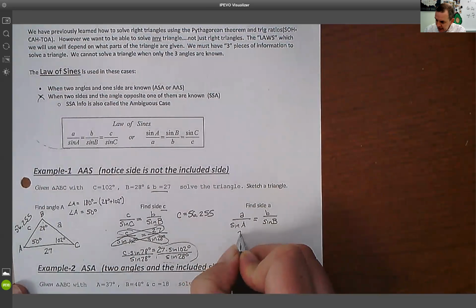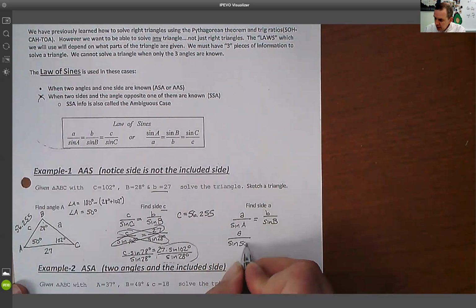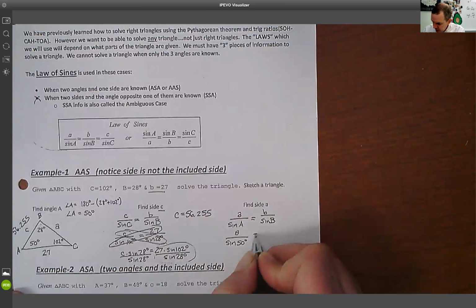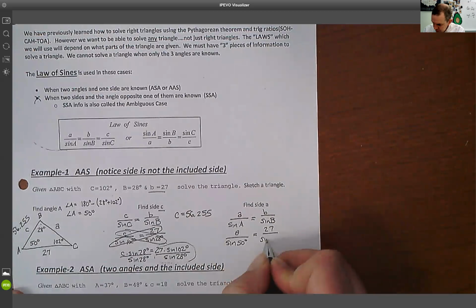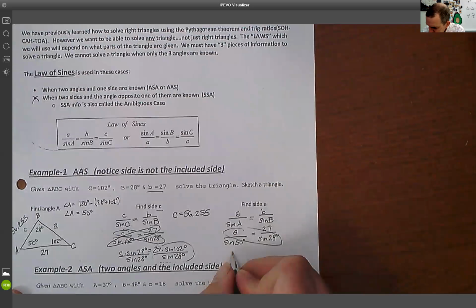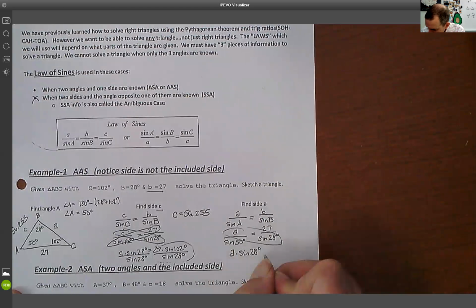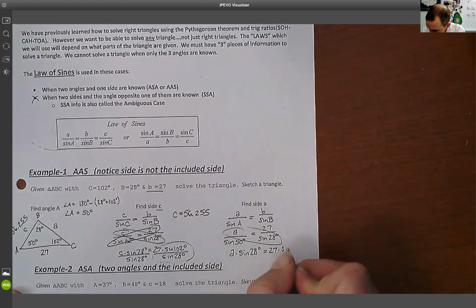So this is going to be A over the sine of the measure of angle A, which is 50, equals 27 over sine 28, cross multiplication. So that's going to give me A times sine of 28 degrees equals 27 times sine of 50 degrees.